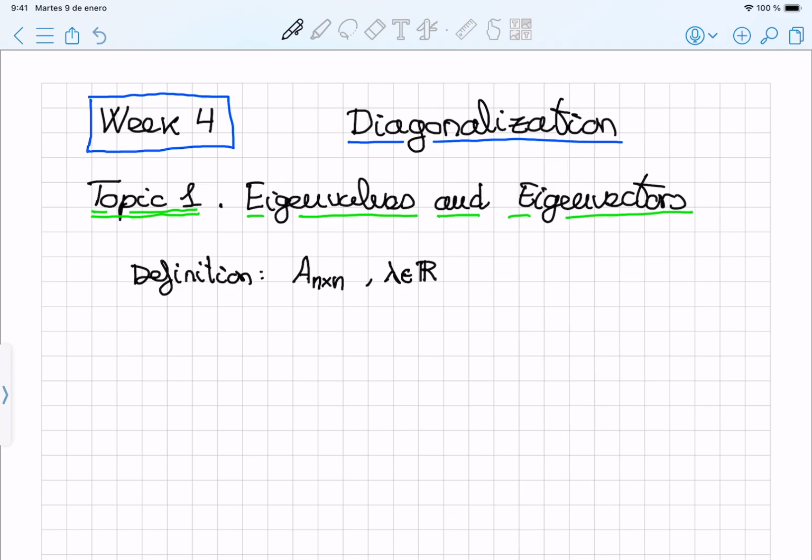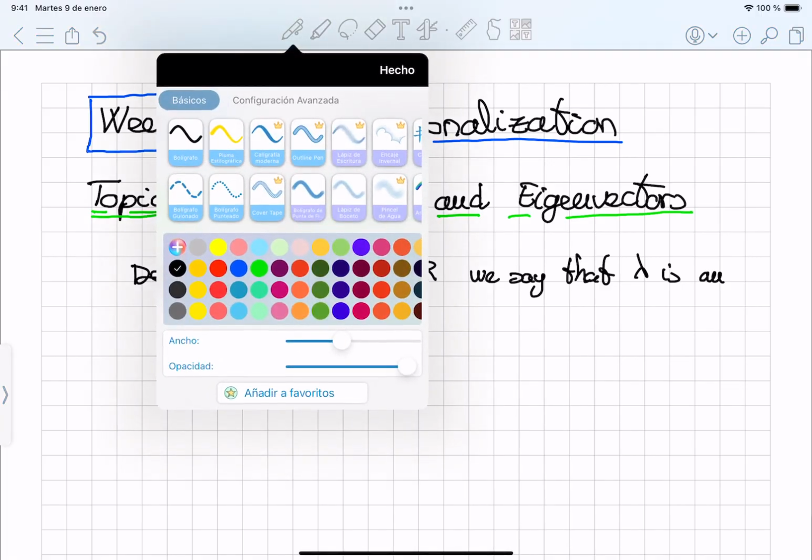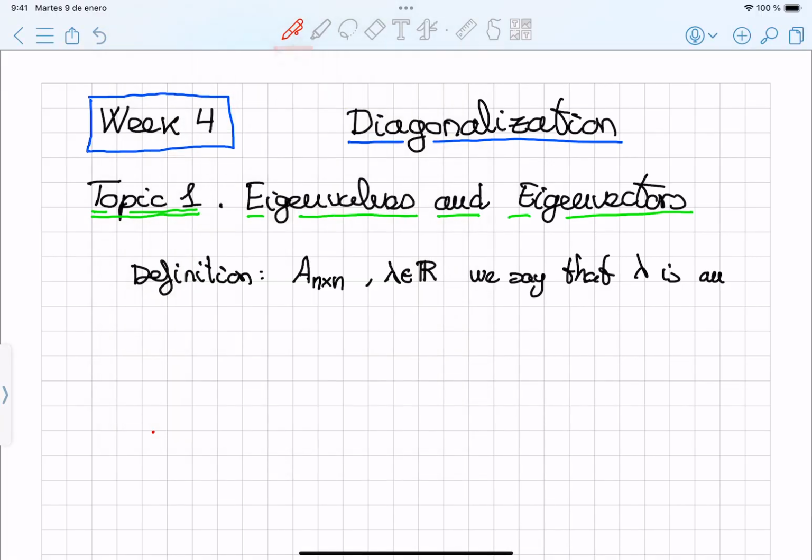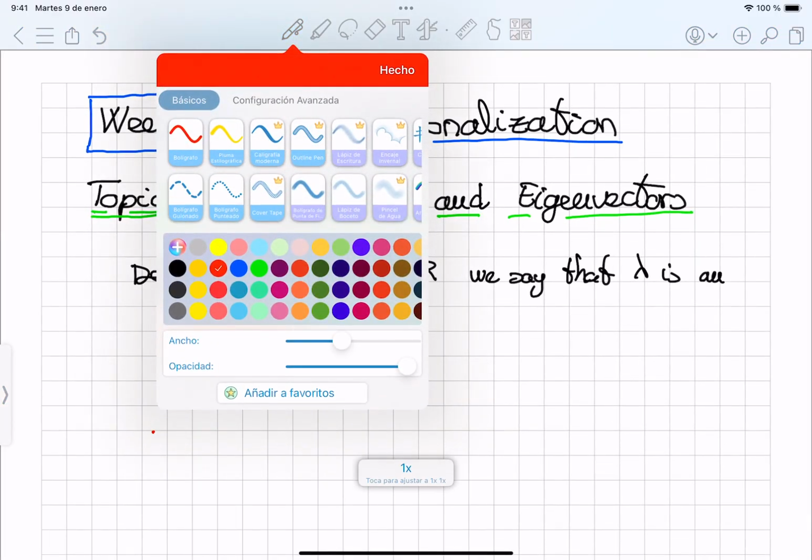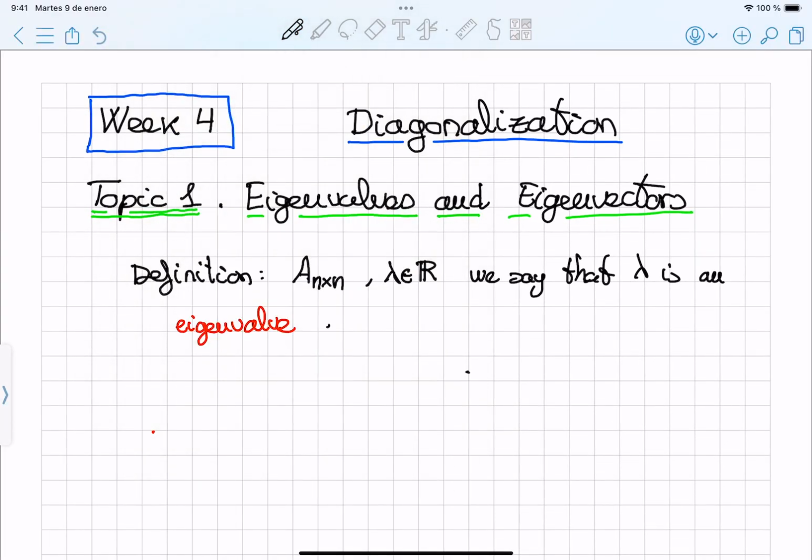So, given a real number, we say that lambda is an eigenvalue of A if, and this is the key part, there exists a vector u in Rn, which is not zero.